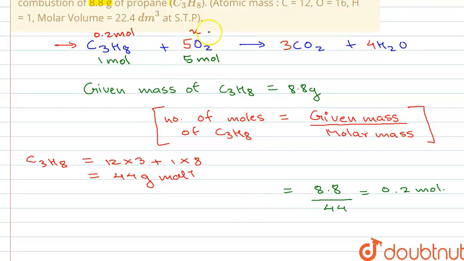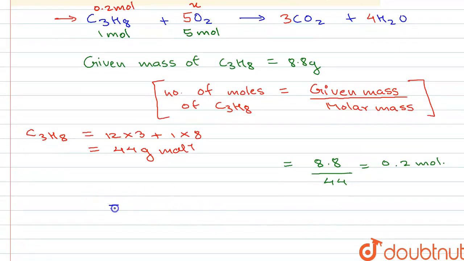So we are taking it as X. Okay, so if we put that in a ratio, we can say that of 1 mole of propane, only 0.2 mole is being used.